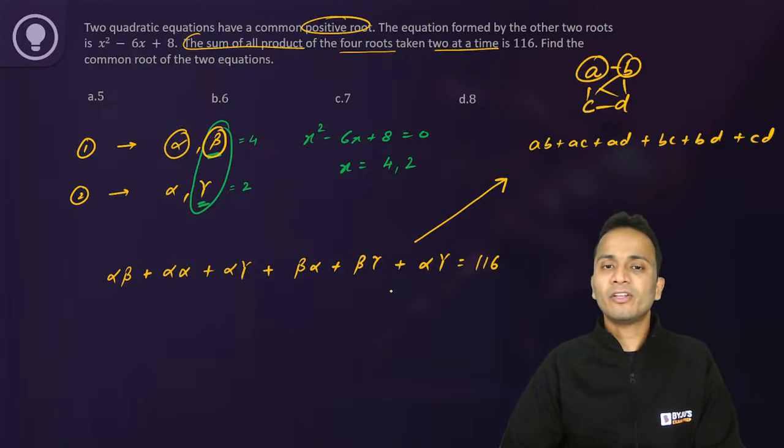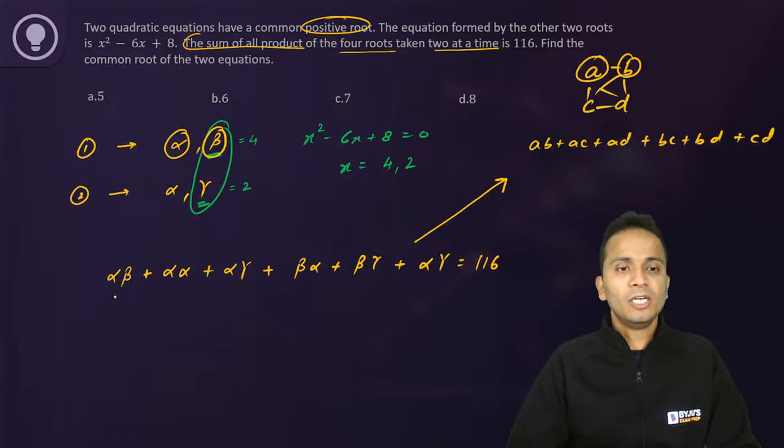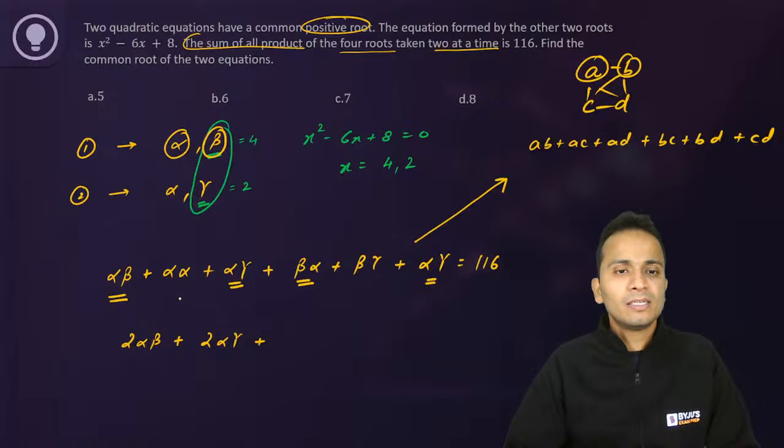Using that, you can write this entire expression. So this and this will be combined, will become 2 alpha beta plus this and this will combine, will become 2 alpha gamma, and then I have alpha square and then I have beta gamma, and that is equal to 116.